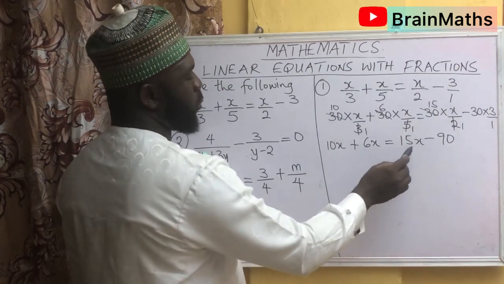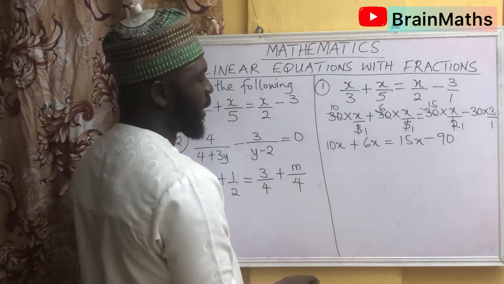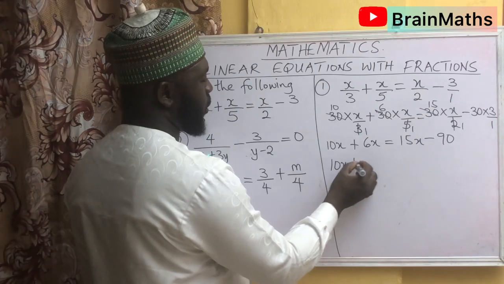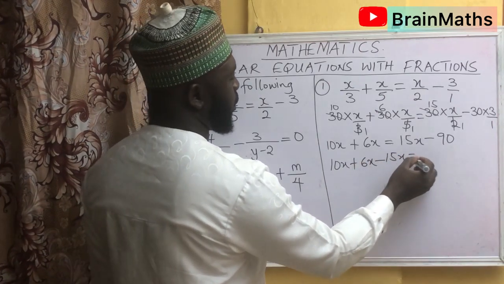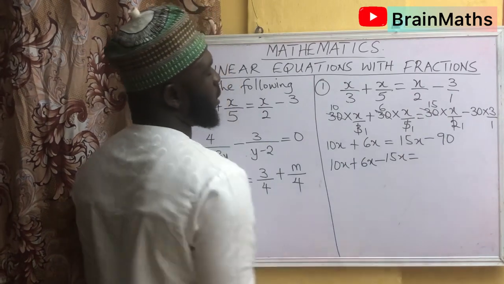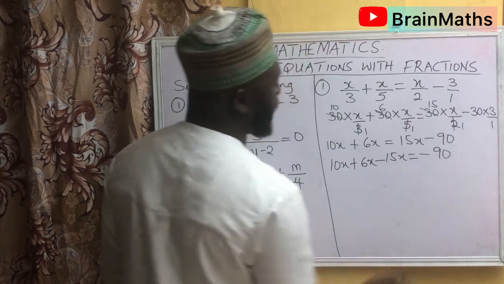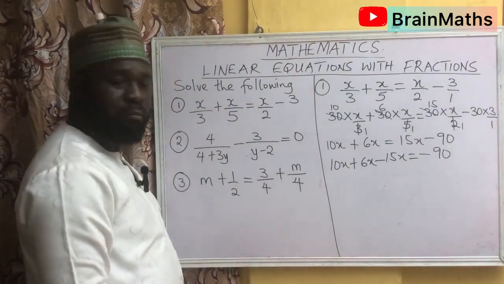The only way we could remove this is to subtract 15x from both sides, and that is 10x plus 6x minus 15x equals, the remaining figure here is minus 90. Don't make the mistake of writing 90 because the sign in front of 90 is minus.